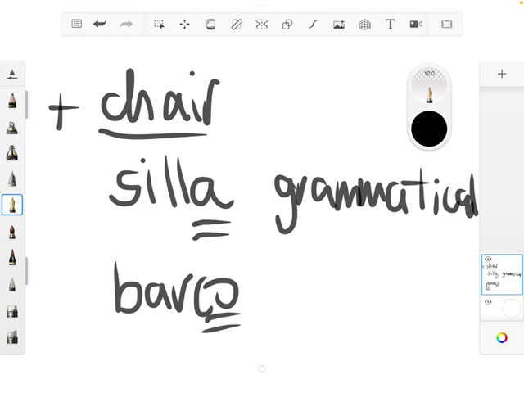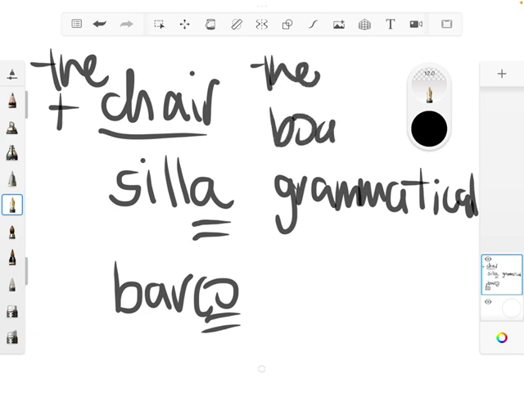And we can tell right away that that's true because in English we would just say the chair or the boat, right? But in Spanish we're going to have la silla and el barco. Okay, so we have our grammatical gender. Every single noun is going to have its own masculine or feminine article that goes along with it, okay?